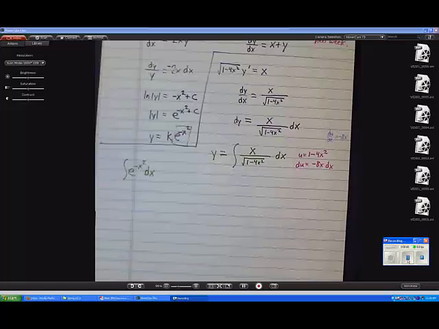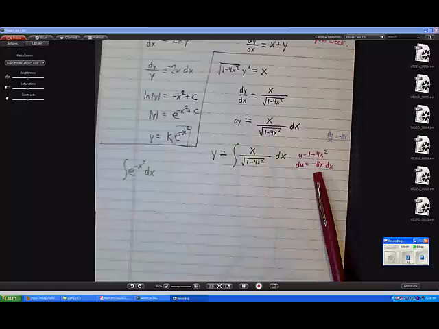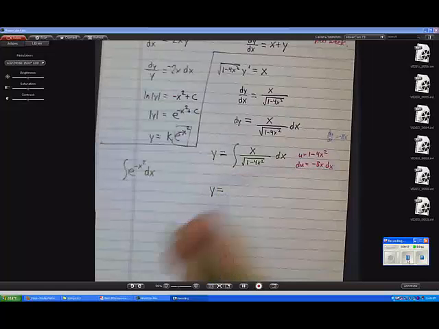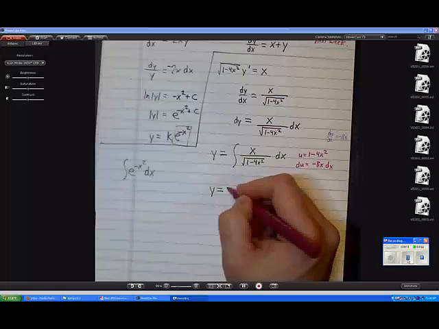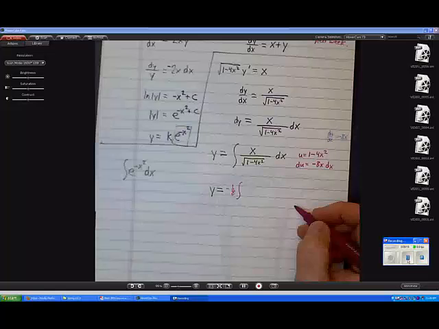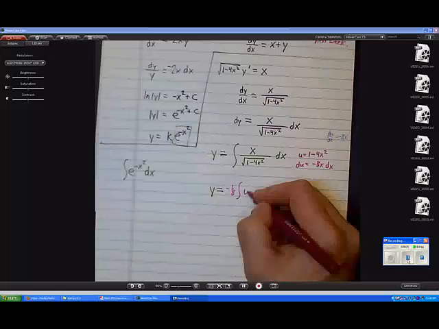Okay, but once I write these things down, I say, oh, wait a minute. I don't have du. I almost do. I have x dx, but what do I wish I had? Negative 8x dx, right? So what do I do? Right, so we get that y is equal to negative 1/8 of the integral of u to what power du?